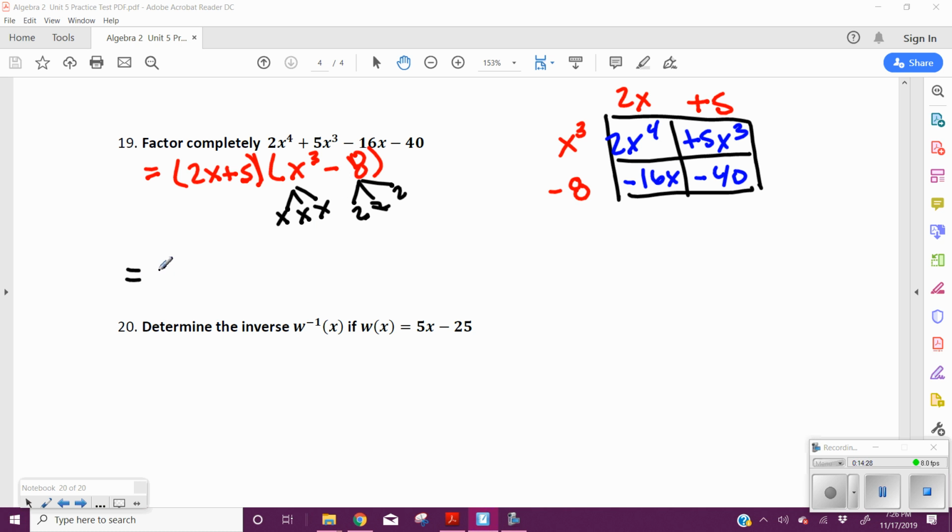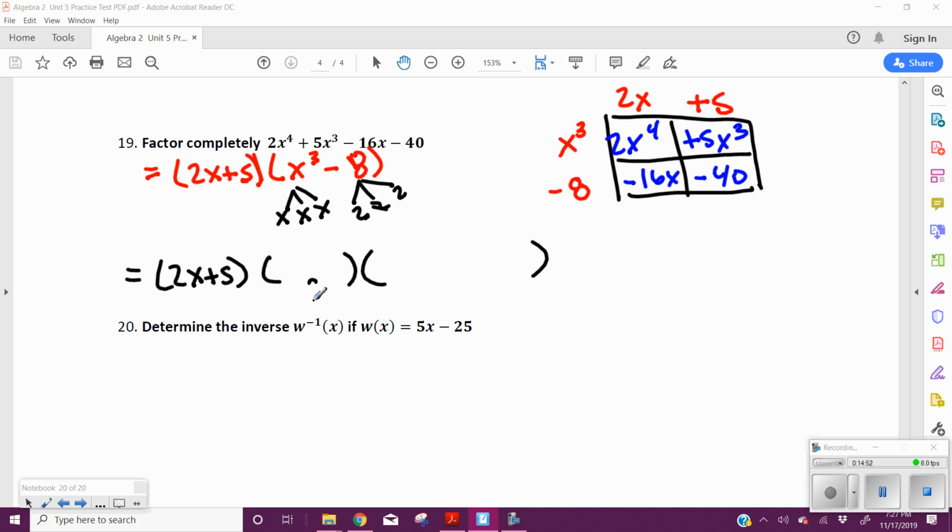So bring down the first parentheses, that's 2x plus 5, because that's still part of the problem. But the second parentheses will further factor into 2 separate parentheses. Again, you're going to have a small parentheses and a big parentheses. And we're going to use SOAP because it's a difference of cubes.